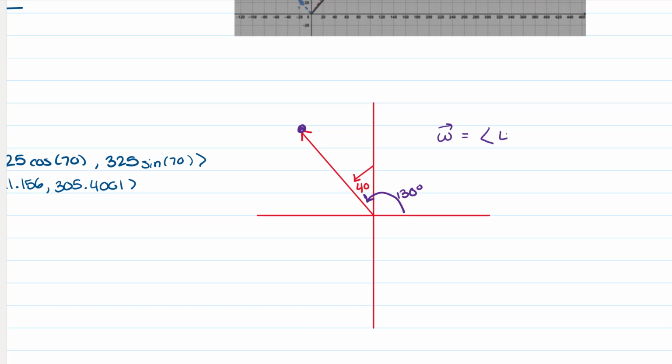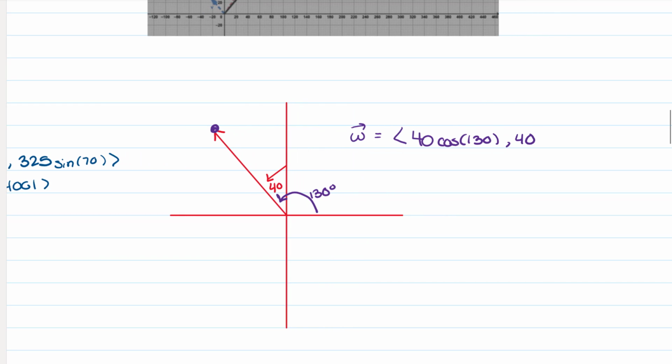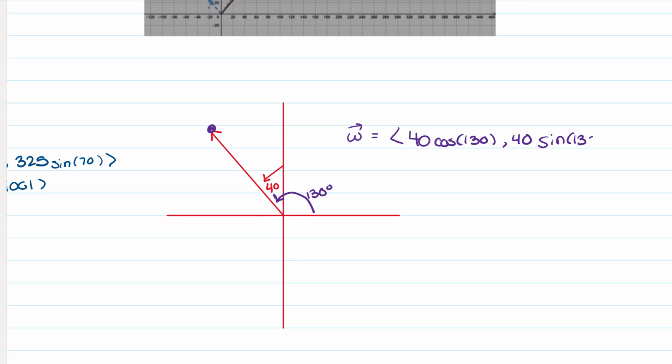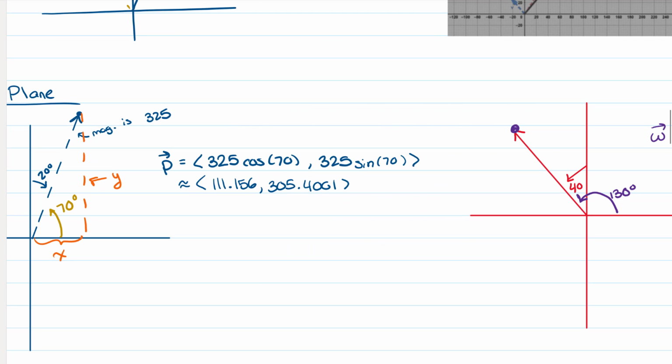So it's going to be 40 cosine of 130 and 40 sine of 130. And I put that in my calculator, and I get about negative 25.711 and 30.641. And I know this kind of looks right because my cosine should be negative, sine should be positive, so I'm looking okay.